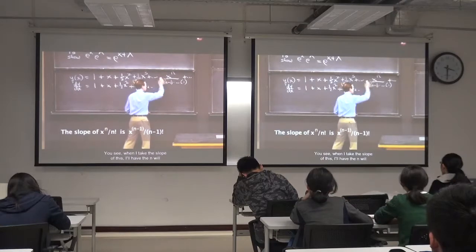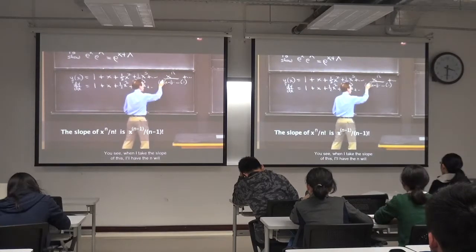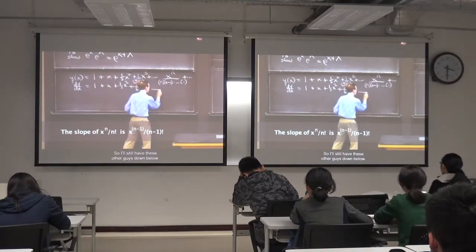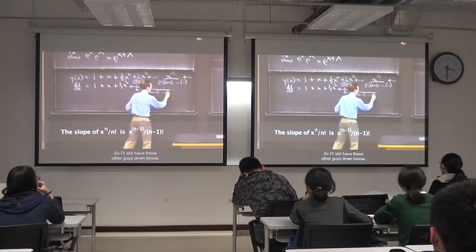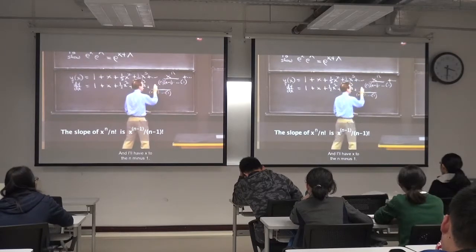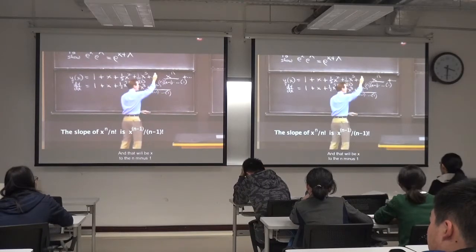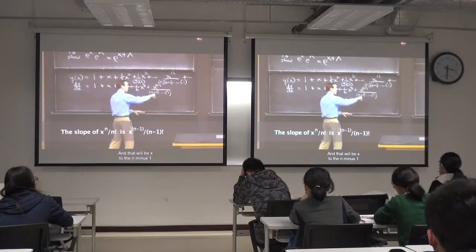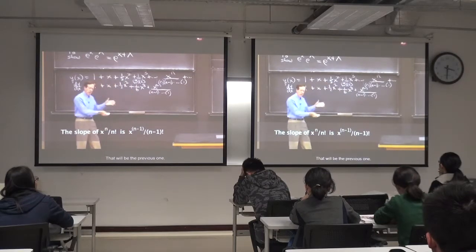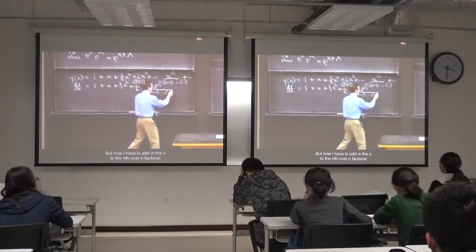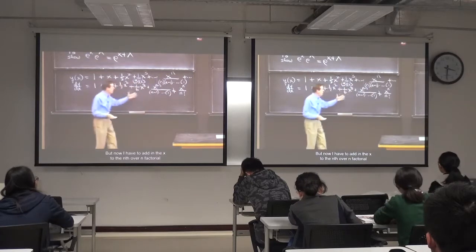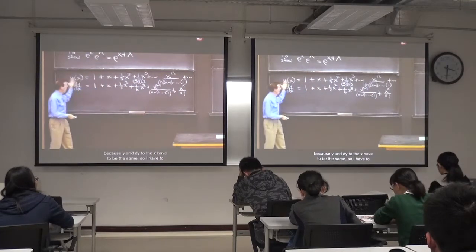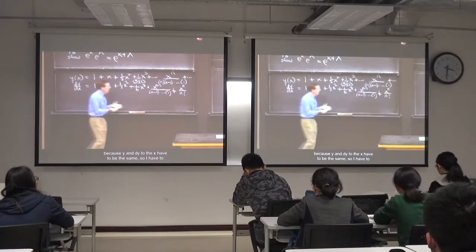So I'll still have these other guys down below, and I'll have x to the n minus 1 over n minus 1 factorial. That will be the previous one. But now I have to add in the x to the nth over n factorial, because y and dy dx have to be the same, so I have to keep going.